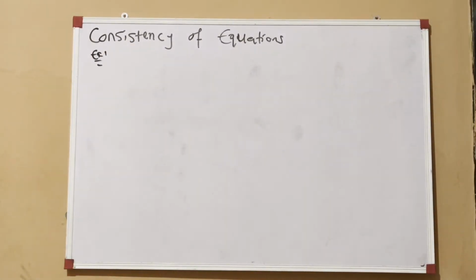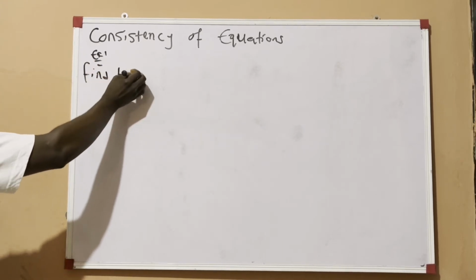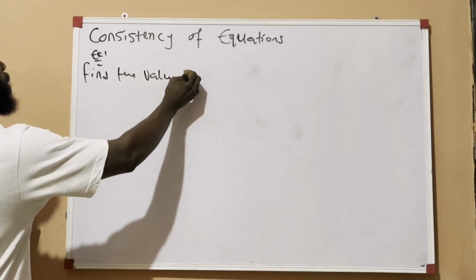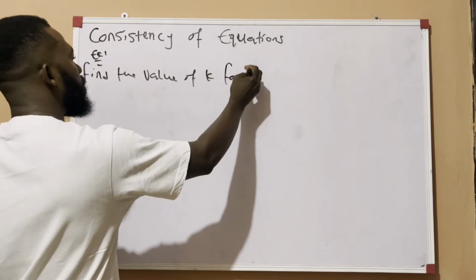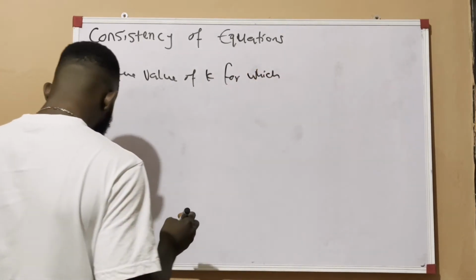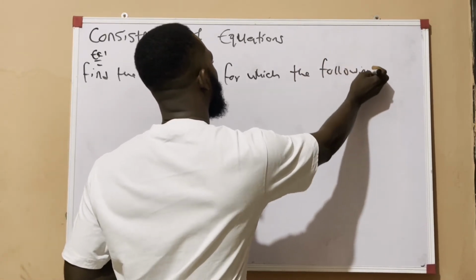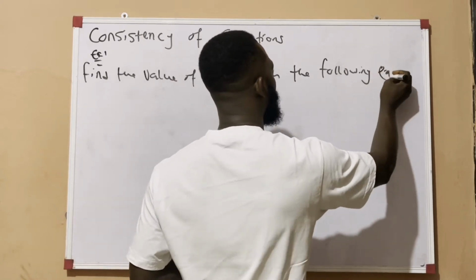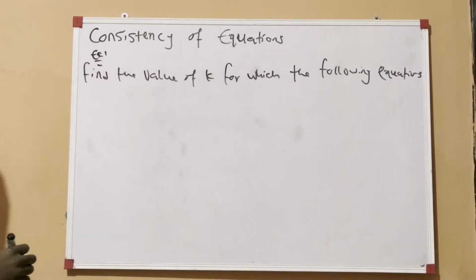Now, let us proceed to question number 2. Question number 2 says, find the value of k for which the following equations are consistent.